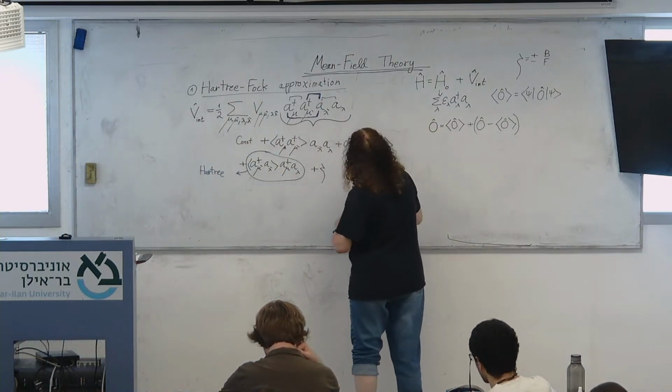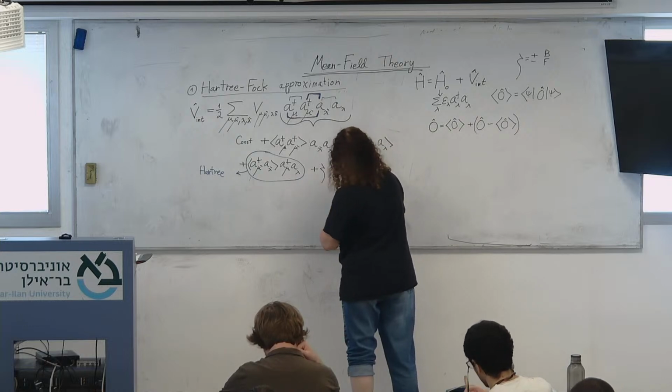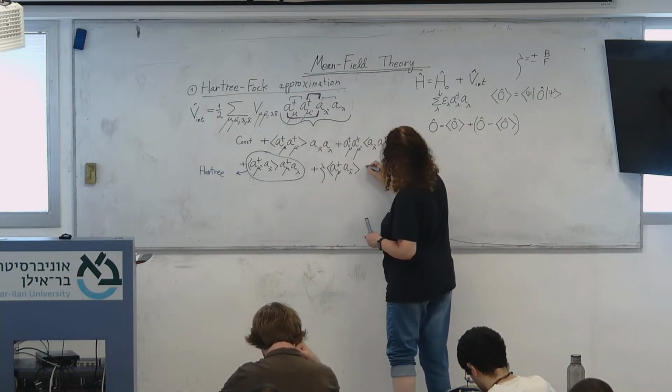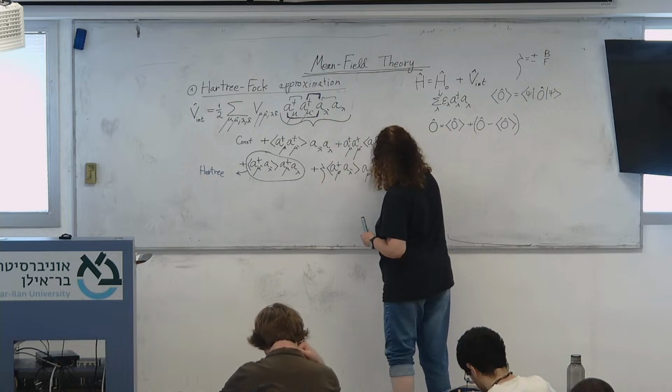And then the term looks like an expectation value of A mu dagger A lambda prime multiplied by A mu prime dagger A lambda. Okay?